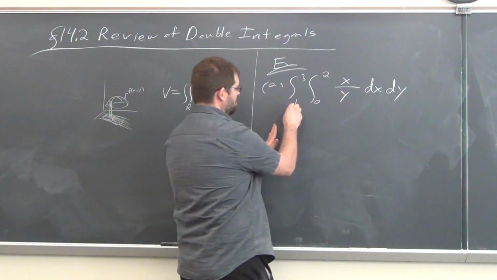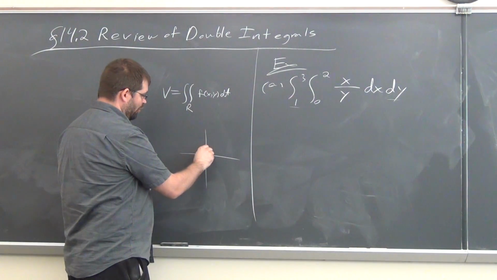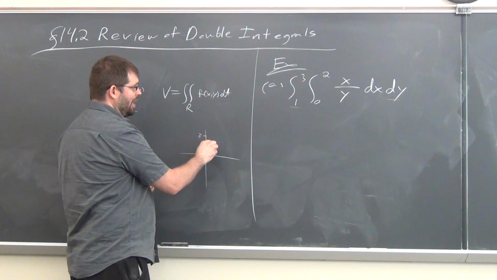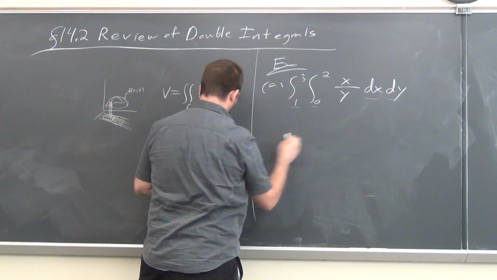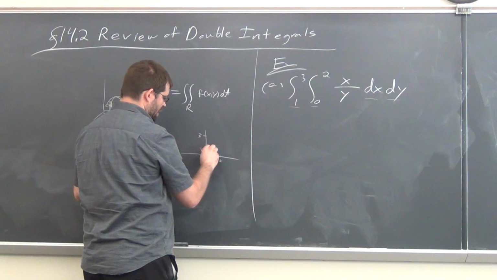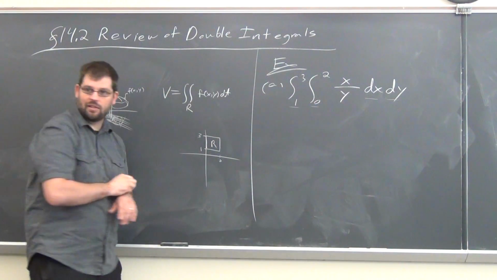So you just match up the outsides are the y's. And so y is going to go from 1 to 3, and then for every y, your x's go from 0 to 2. And so we're talking about that rectangle. Does that make sense?